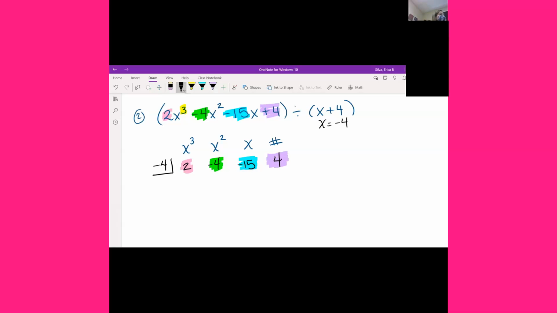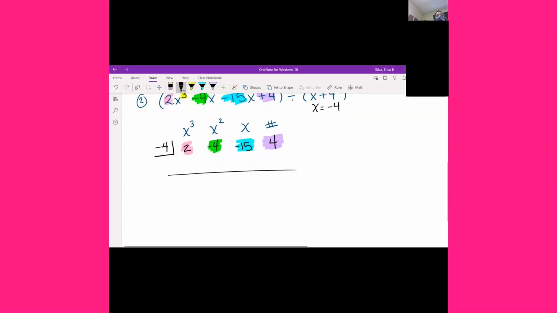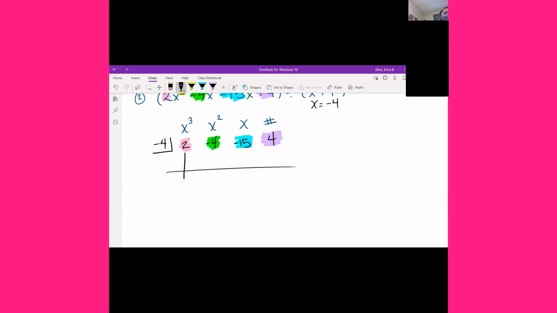Questions so far? All right. Get the party started. Put my equal sign. Bring down the first term. And then what are we going to do to that number? Multiply it by -4.